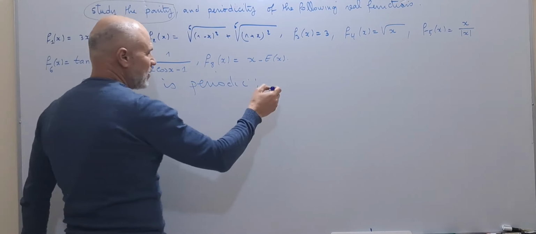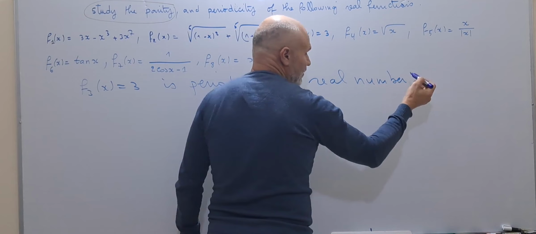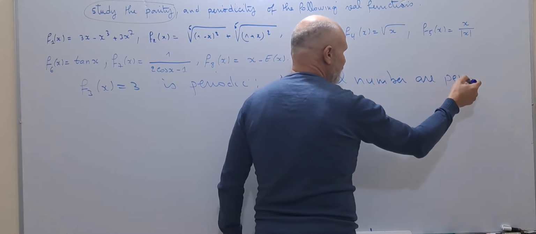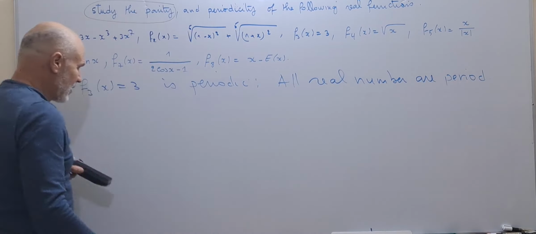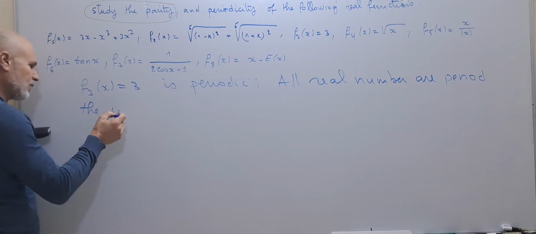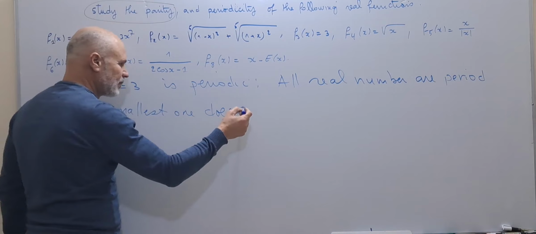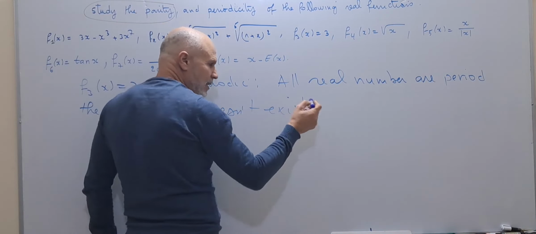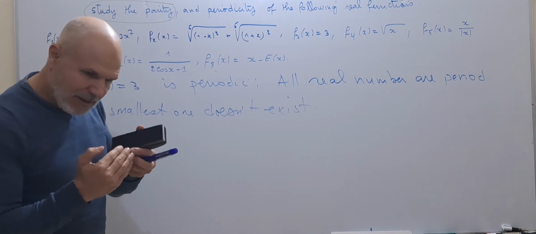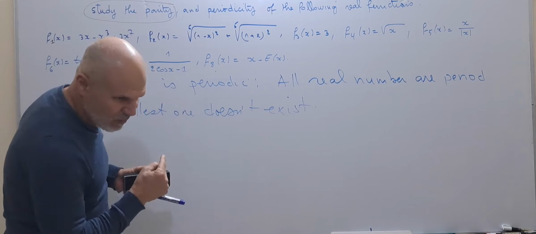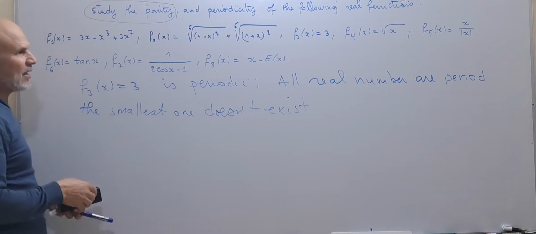All real numbers are periods, but the smallest one doesn't exist, since we cannot find a real number which is just greater than 0. The smallest one does not exist. So we have no primitive period in this case.